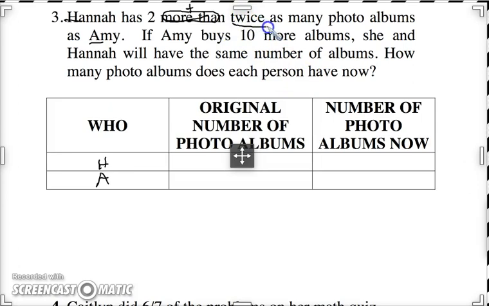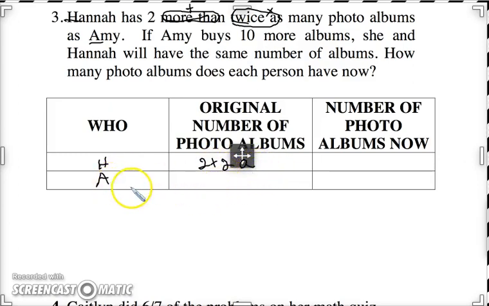Twice, in math, means multiplication. So under Hannah, I'm going to put two more than twice as much as Amy.